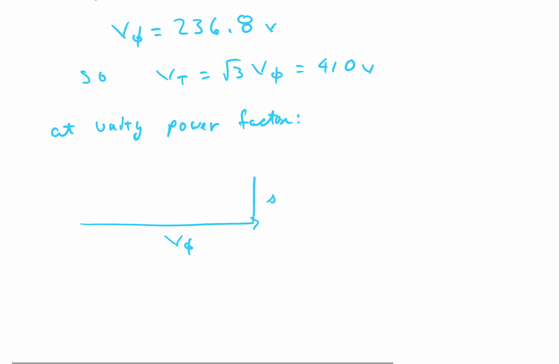This is JXSIA, because IA is going to be in the same direction as V phi. Here's EA. That's our angle delta. And we can proceed from there.